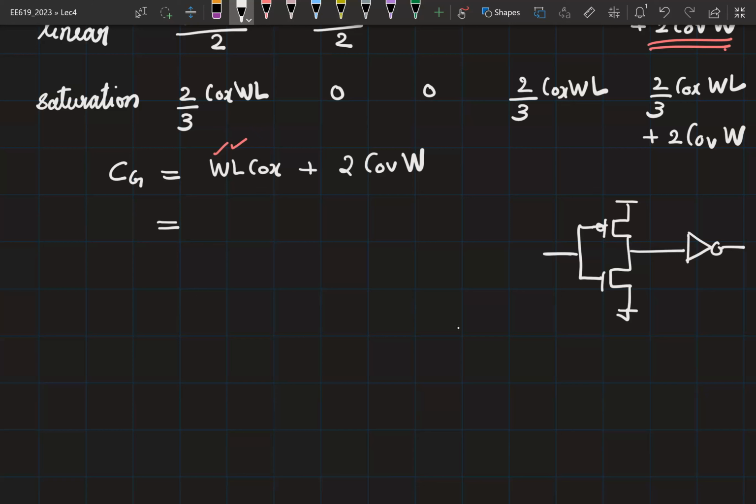If I make the length larger, what happens to the current through the transistor? Current will decrease, right? Current is proportional to 1 by L. So if I make the length larger, current decreases, and lower current means it will take more time to charge or discharge any capacitor, which means larger delay. So from the delay perspective, we would like to have our length minimum.